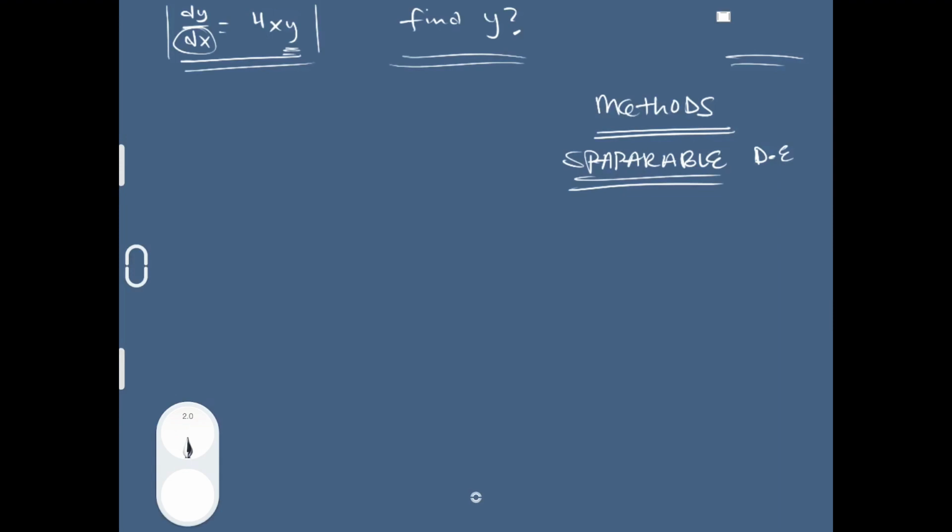Like, say, in this equation, what we might want to do first is multiply both sides of this equation by dx. That way we can have something like dy is equal to 4x y dx. And then we could try to divide both sides by y, where the y's cancel. And then we have something like 1 over y dy is equal to 4x dx.